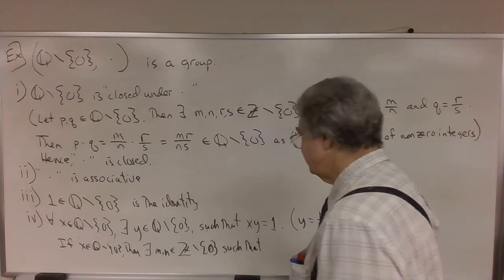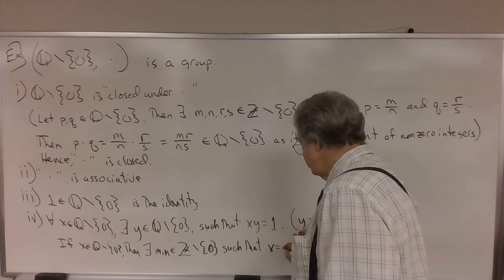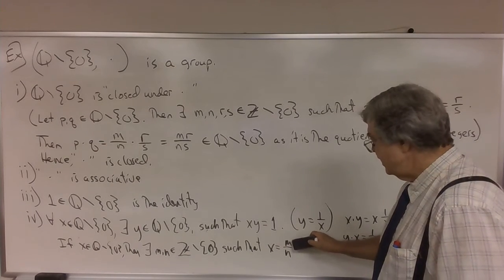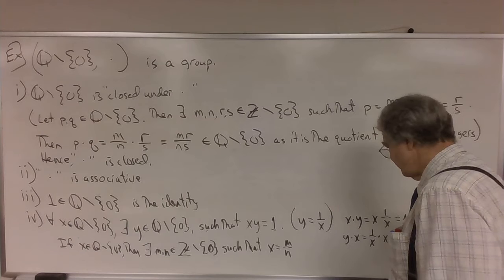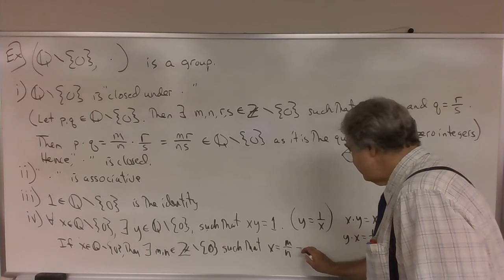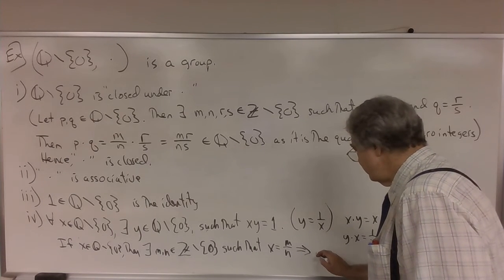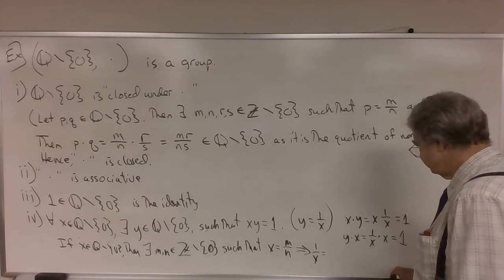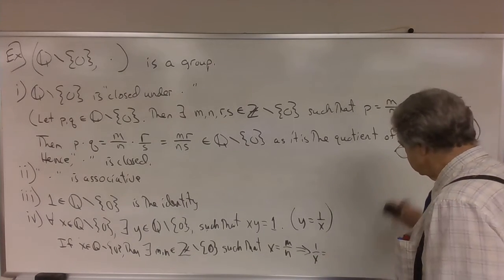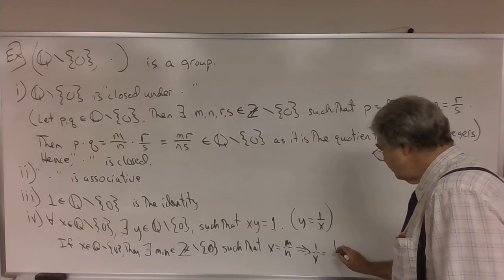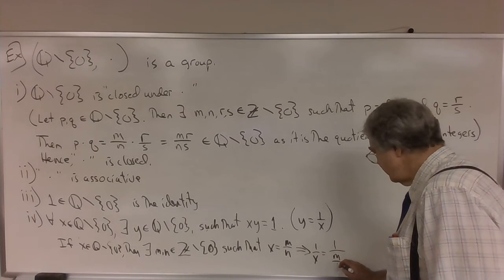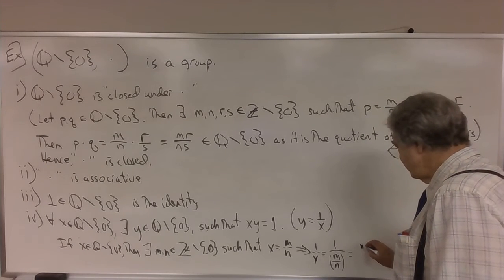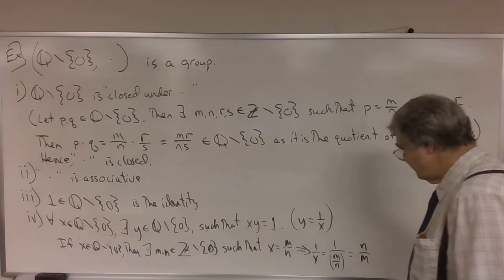Such that x equals m over n, quotient of two non-zero integers. But that implies that 1 over x is 1 over m over n, which equals n over m.